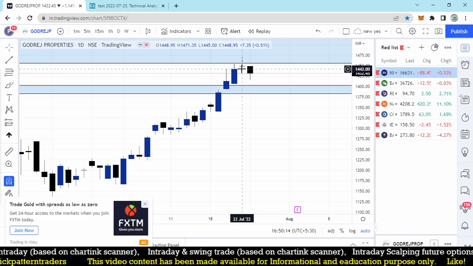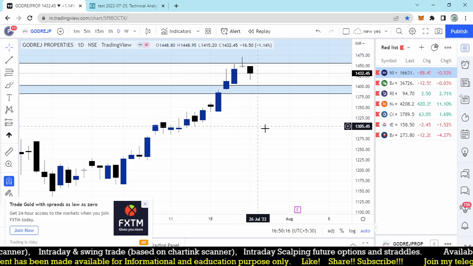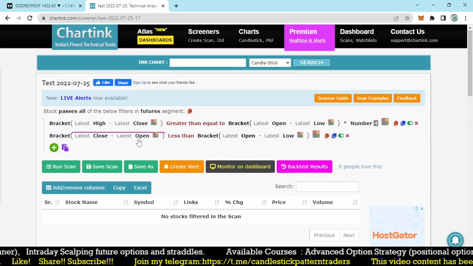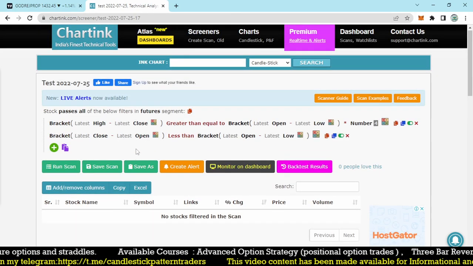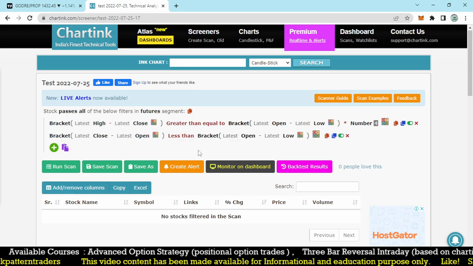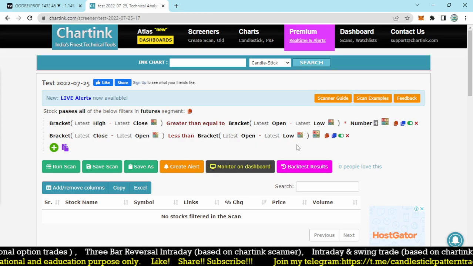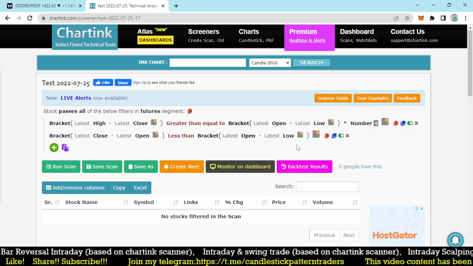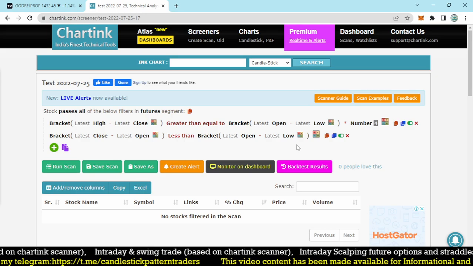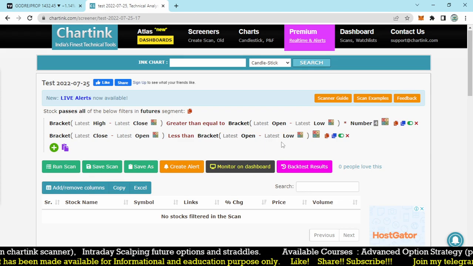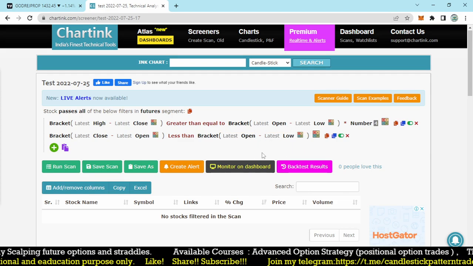Can you see that the lower wick and higher wick are very big, and we are calculating the open minus close. The open and close value is less than the open minus low value. So what would be the lower wick? That means today's open and close must be lower than the open minus low.